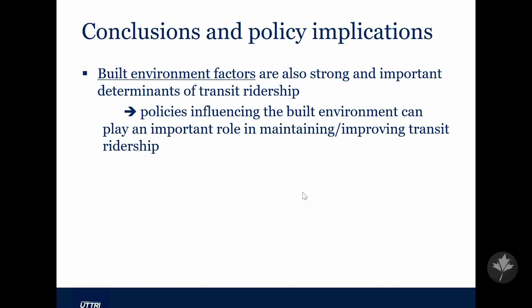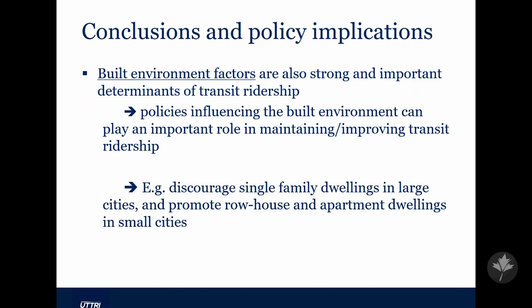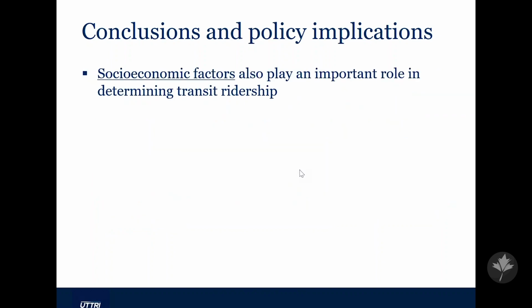So policies that influence the built environment, and essentially try to densify the urban form by increasing the percentage of apartments and row housing, and reduce the percentage of single-family dwellings, those should improve transit ridership. Again, that's not something that's all too surprising. I think we've known that from before. The model confirms those relationships across the country.